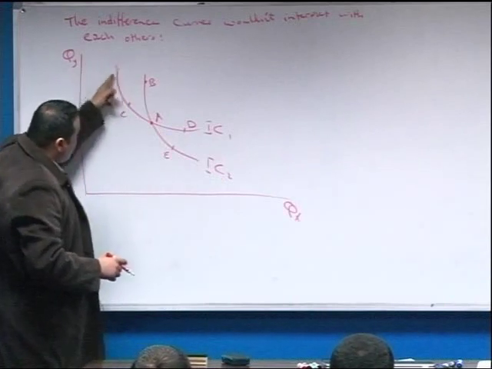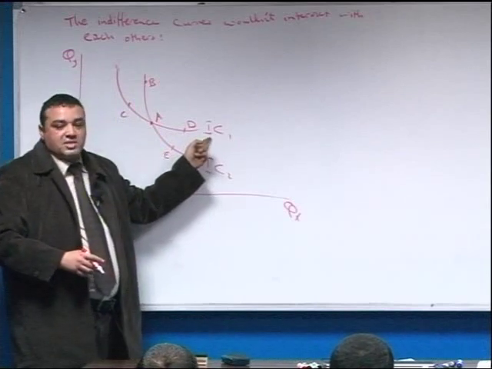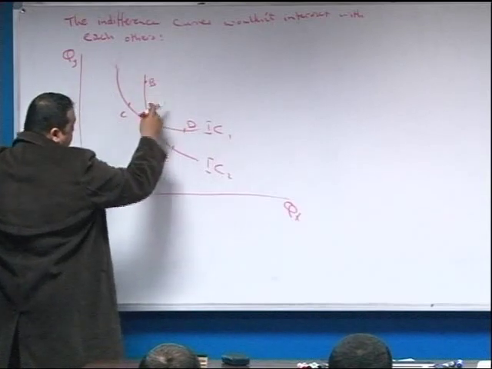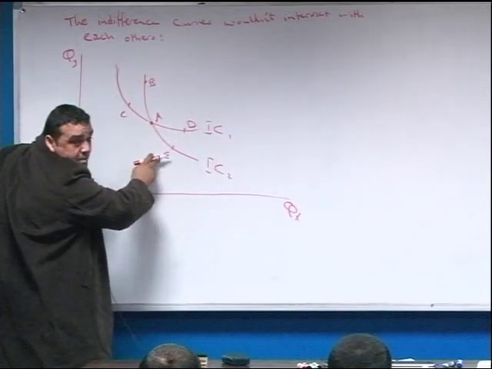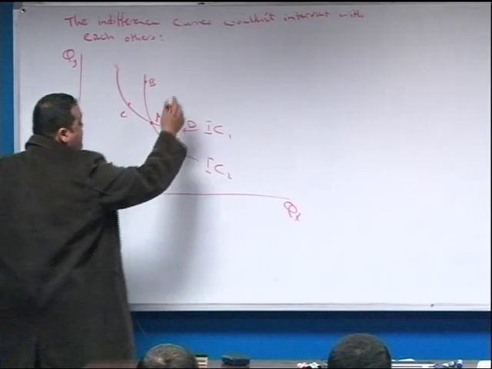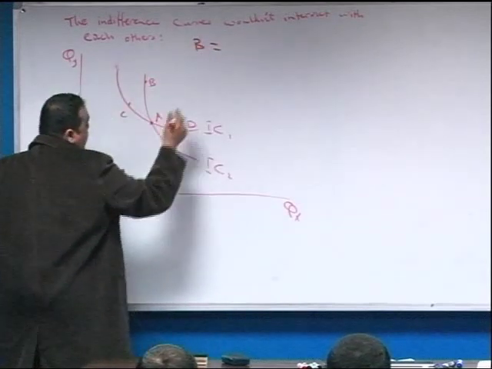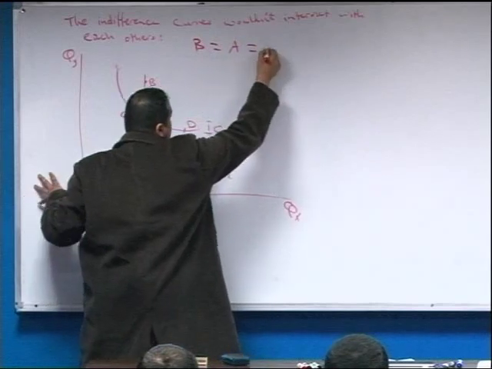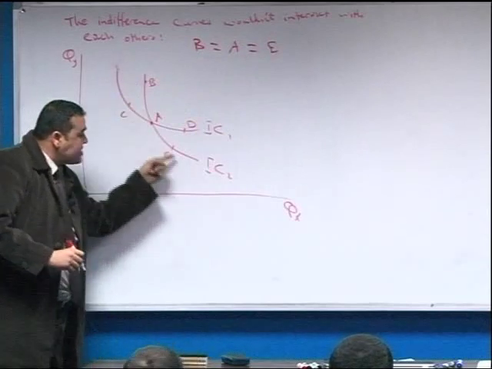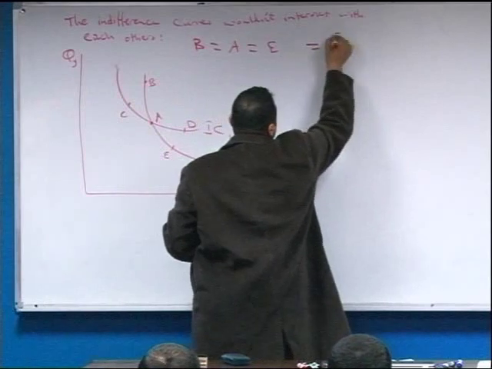So B equals A equals E, because these combinations give the consumer the same satisfaction, because they lie along the same indifference curve, IC2.